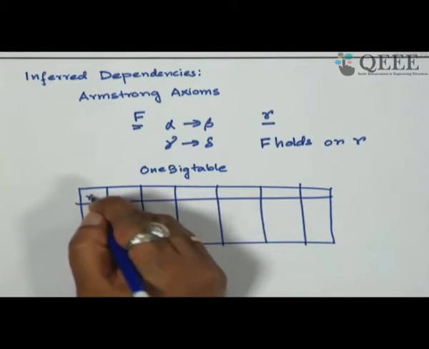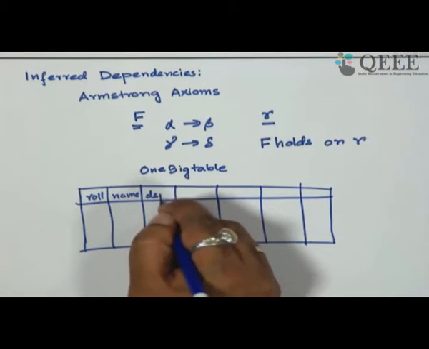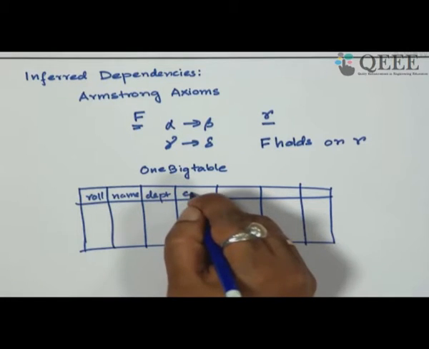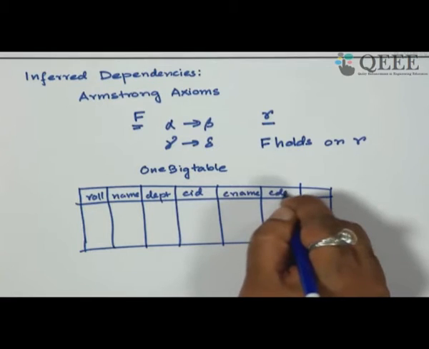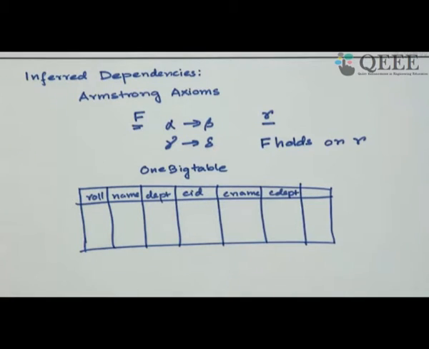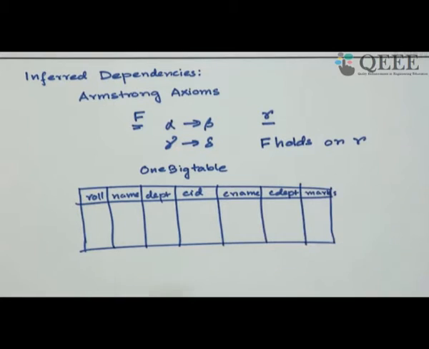So I have roll, name, department, course ID, course name, course department, and so on. I have all these things, and in the rows maybe the marks also. And in the rows I have all the students, and all the courses they have taken.